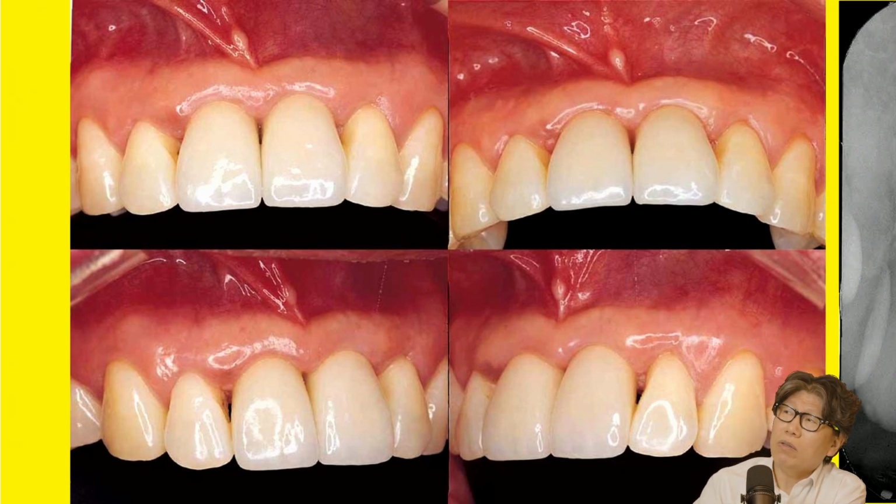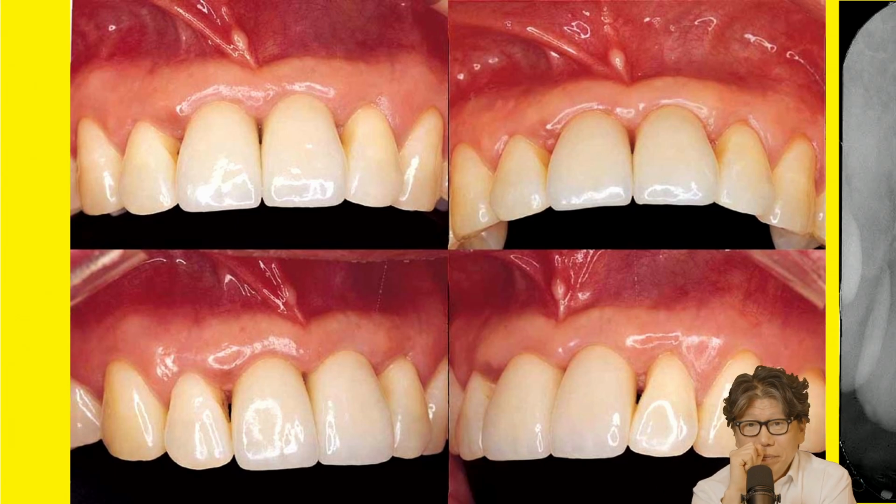But they're saying the opposite. If you do an attached gingival graft, if you do a connective tissue graft, you make it sound like the bone is preserved. But what happens if you do a graft where there's no bone? It creates a periodontal pocket.